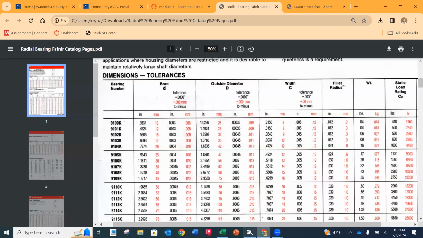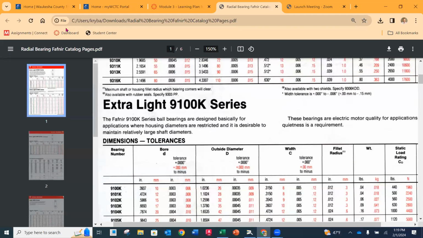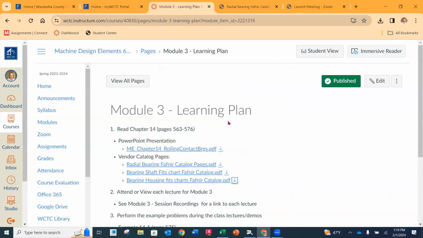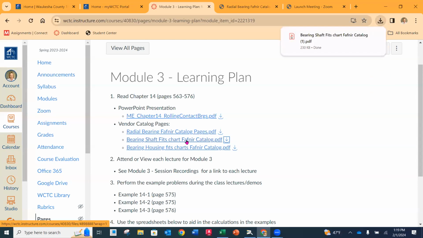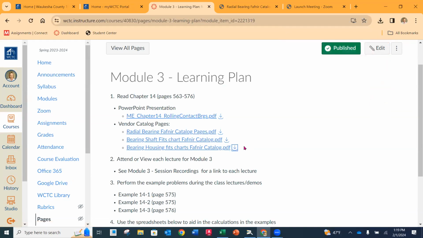So if we go back to our Canvas Module 3 learning plan, the next two PDFs are what we're going to download. So one is for shaft fits and one is for the housing fits. Now, in this particular catalog, this is like in the back of the catalog. The catalog was about 1.5 inches thick, and this is what we call the engineering section.